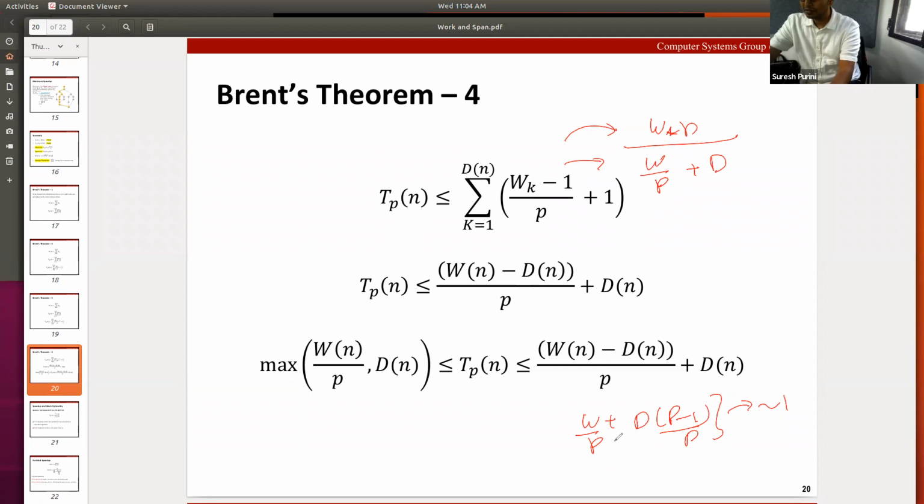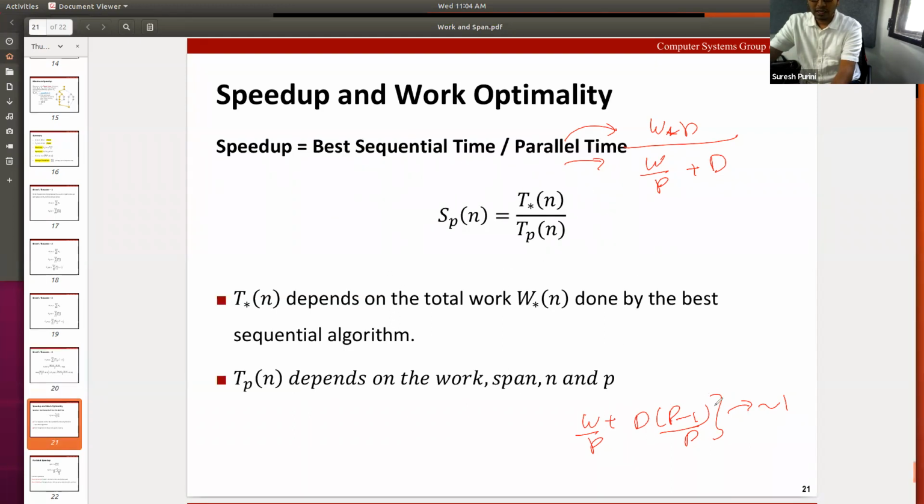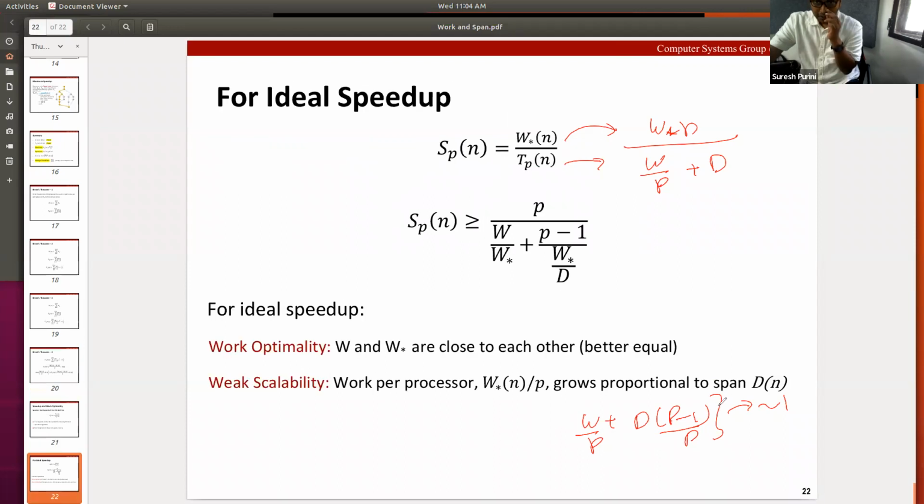Can you check this? W by P plus D into (P minus 1) by P. It looks right. And if we approximate it to 1, what we get is W by P plus D. Okay, great.